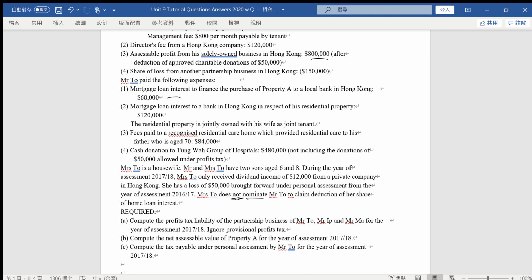Then the second part is to calculate the net assessable value of property A. And finally it asks to work out the personal assessment of Mr. To in this year of 2017/18. Now we look at the answer. First part will be about the partnership allocation of the profit and loss.